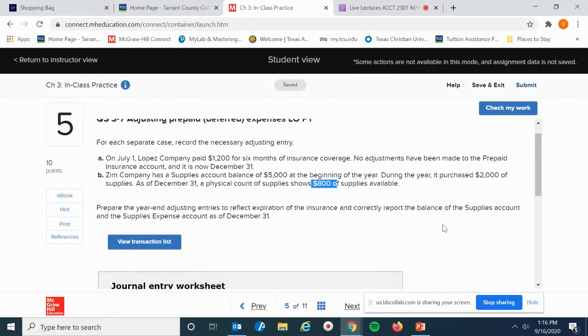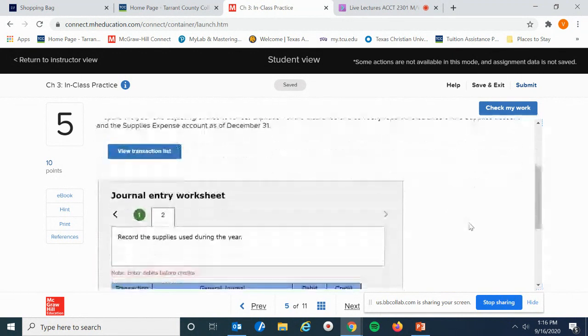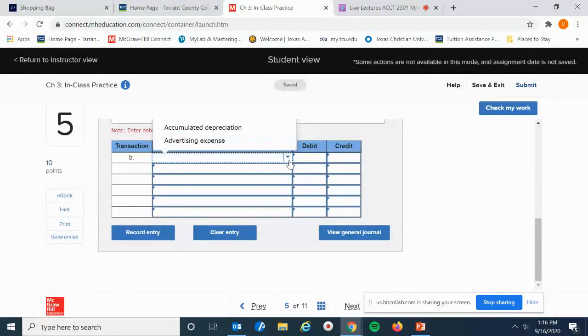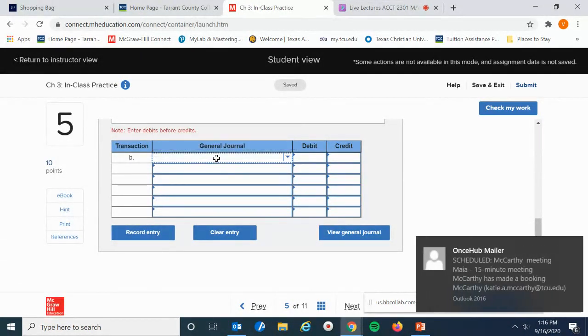If I take the $7,000 and subtract $800, $6,200 will be the amount of supplies the company has used during the year. Again, this is another example of a deferred expense or a prepaid expense. At the end of the year, I have to show how much supplies were used by debiting supplies expense.